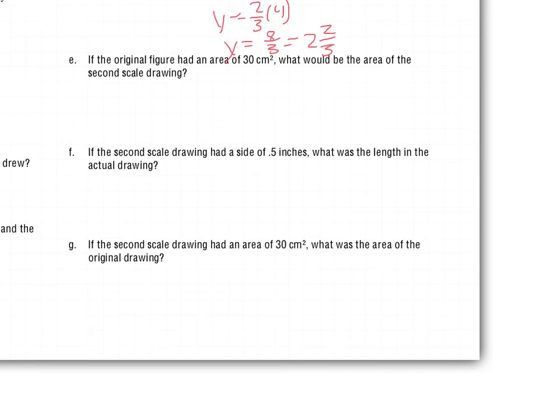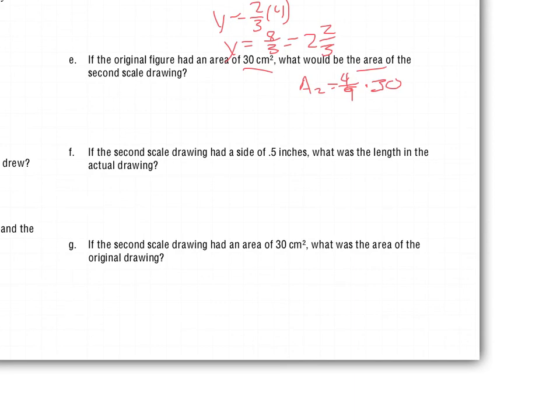The original figure has an area of 30 centimeters squared. What is the area of the second? Again, I'm going to plug into my area equation, which is 4/9 times 30, because we're plugging in for our original here.